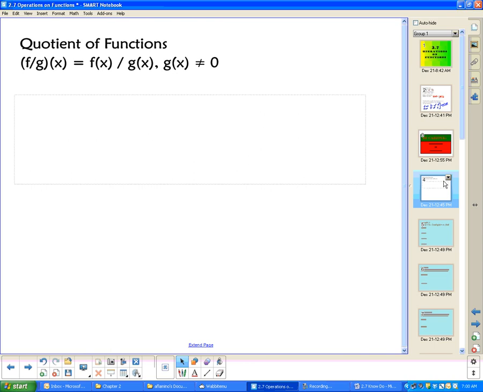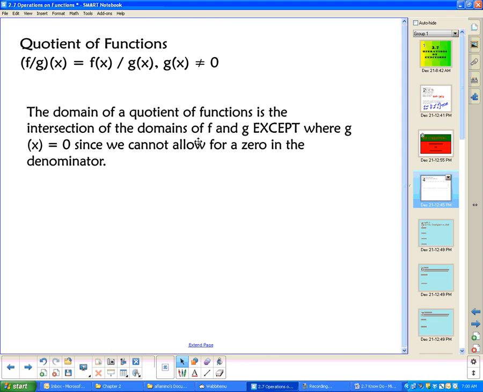Obviously, if g(x) did equal 0, we'd have a 0 in the denominator, and we would have some trouble, and we would not be able to use that particular value, which is why the domain changes slightly. The domain of a quotient of functions is the intersection of the domains of f and g, just like it was before, except we have to throw out where g(x) equals 0.